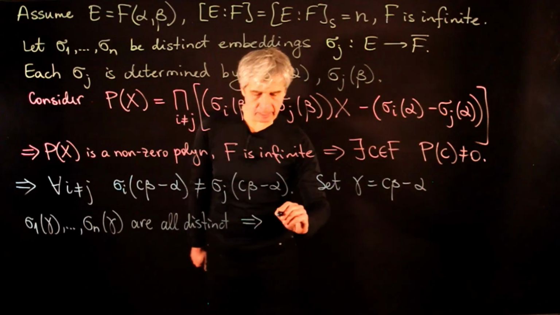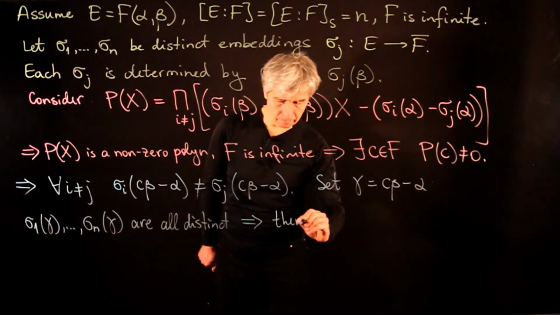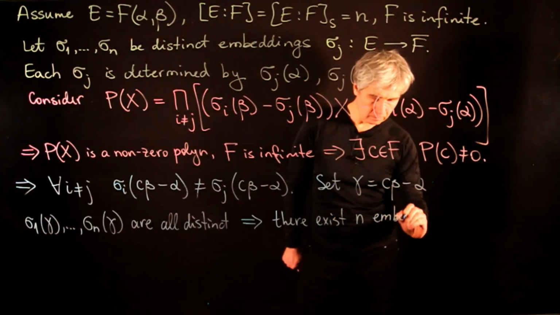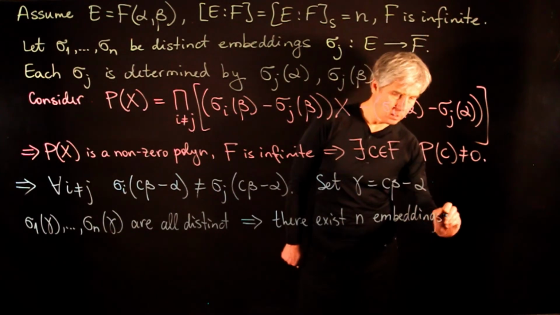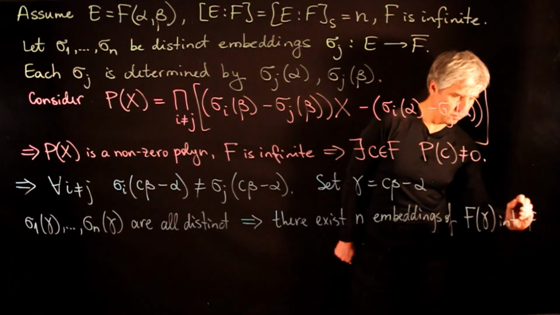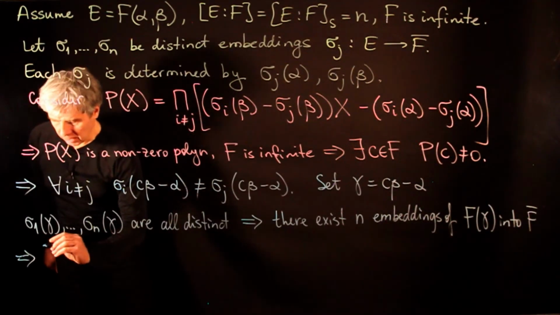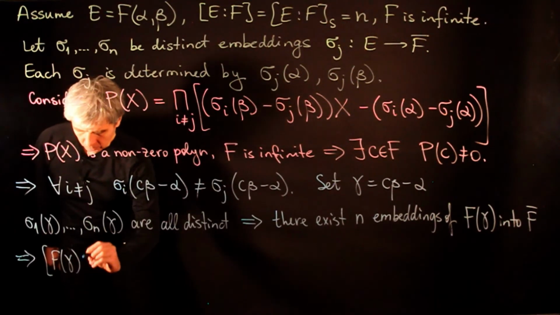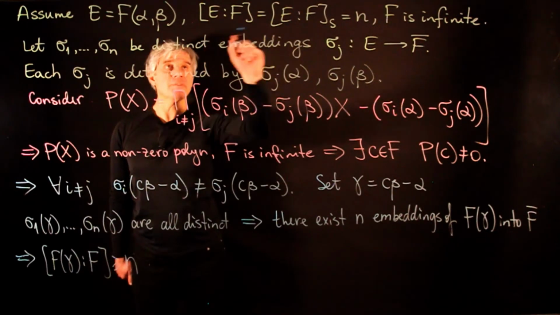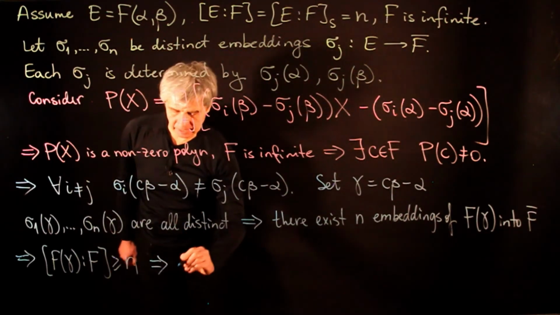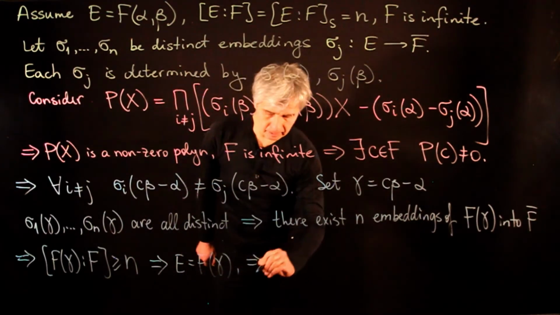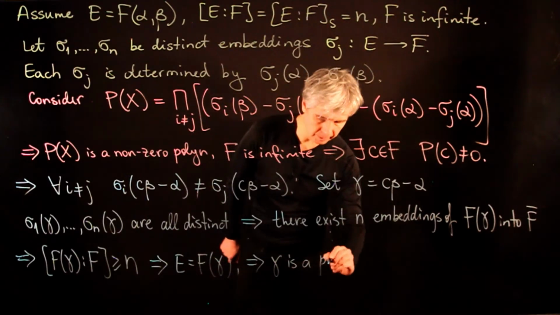This implies that there exist n embeddings of F of gamma into F bar, and hence the degree of F of gamma over F is greater or equal to n. But F of gamma is a subfield in E. This implies that E is equal to F of gamma, and gamma is a primitive element.